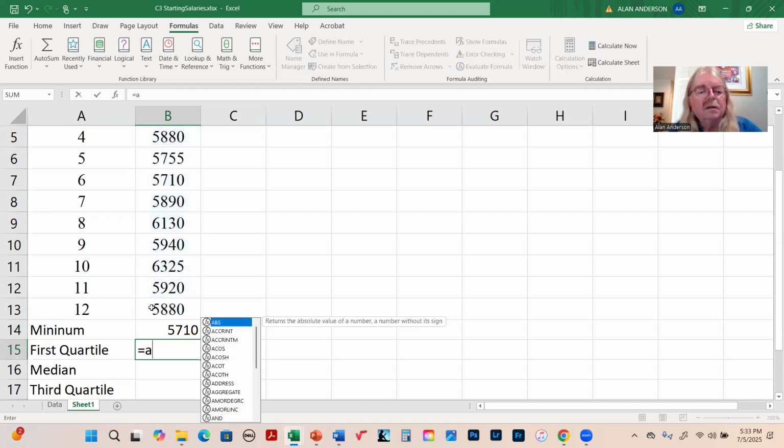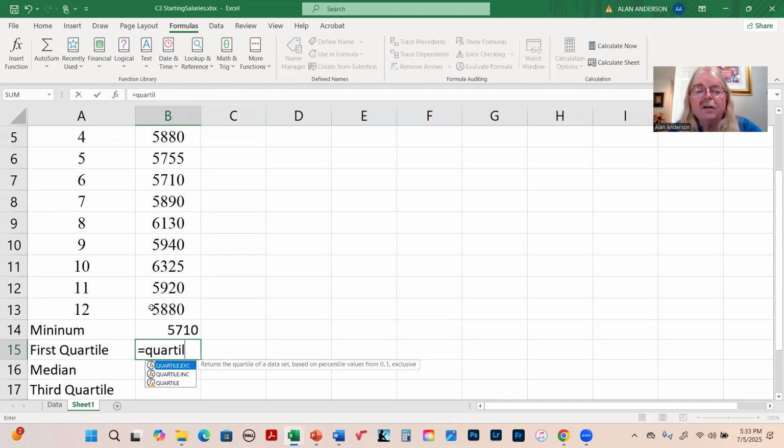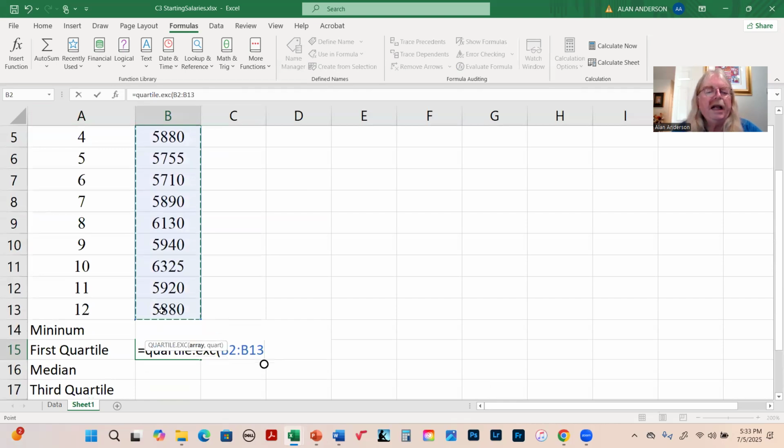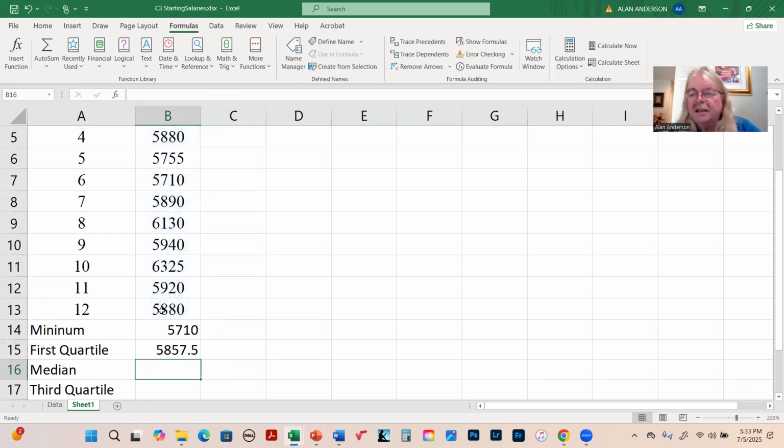First quartile. Now remember, it's got to be QUARTILE.EXC to match what they're getting in the slides. It's going to ask you which quartile. That would be one.